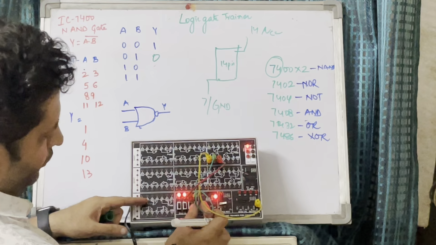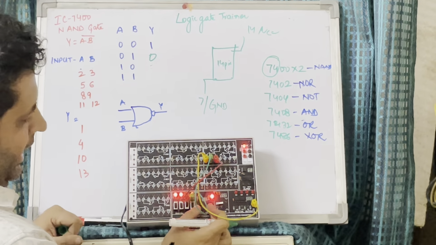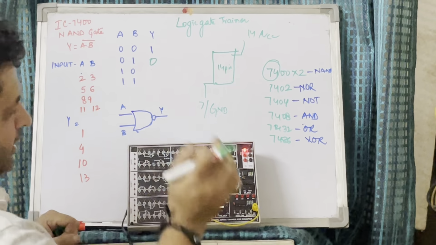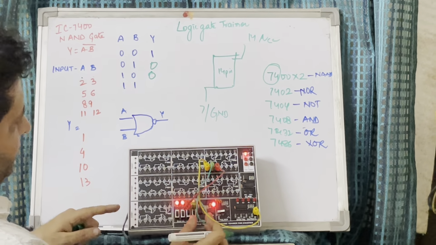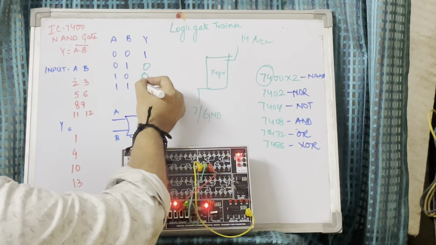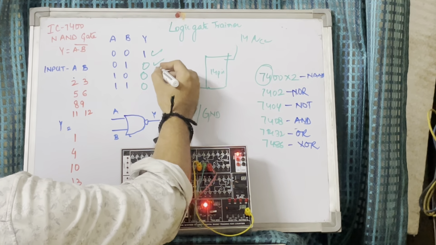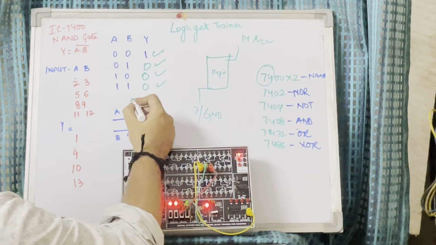Now A is 1, B is 0, and the output is 0. Now we are doing the last condition where both are high, and the output is 0. So this is the truth table for the NOR gate.